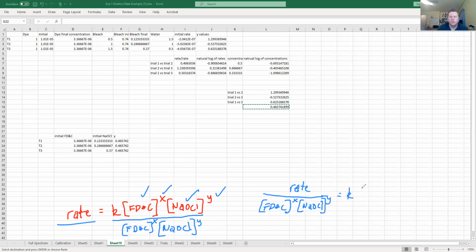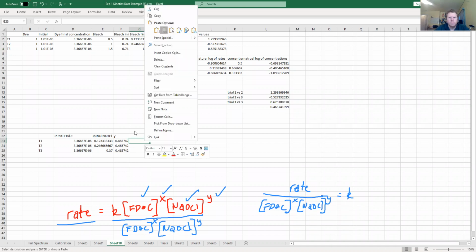And so I want to go ahead and set this up, and I'm going to try to do it using Excel. So for my K values, I'll go ahead and copy my initial rates. My initial rates were up here. I'm going to copy those, paste.